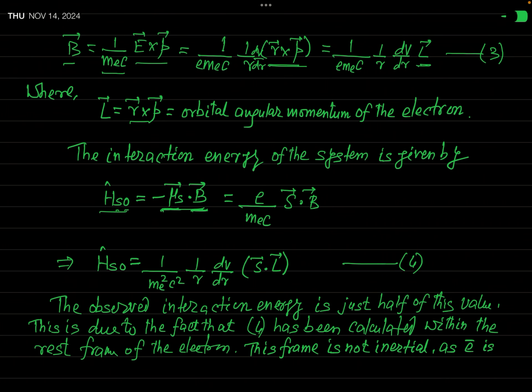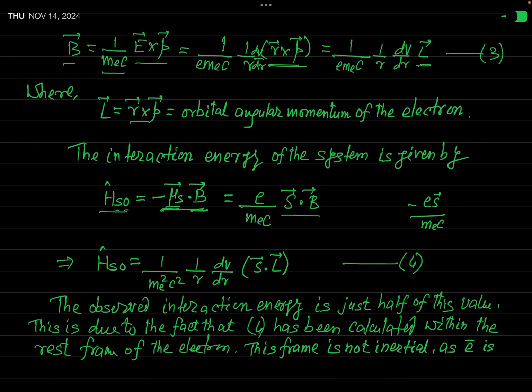But you know, mu s is given by what? This is given by minus e over m_e c times S. So instead of mu s, now you can write e over m_e c times vector S, where S is the spin angular momentum vector. So H_SO is e over m_e c times S dot B. Okay, minus minus here becomes plus.